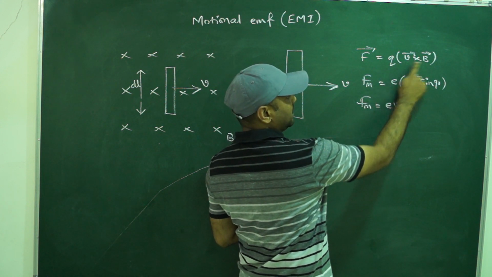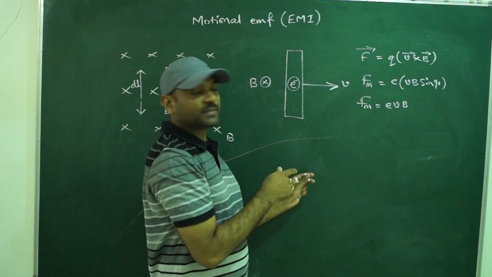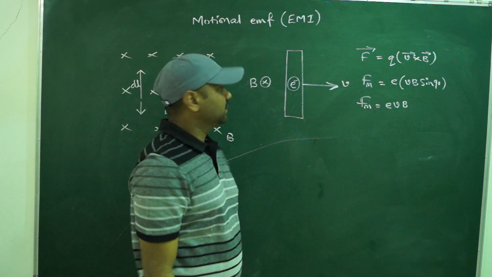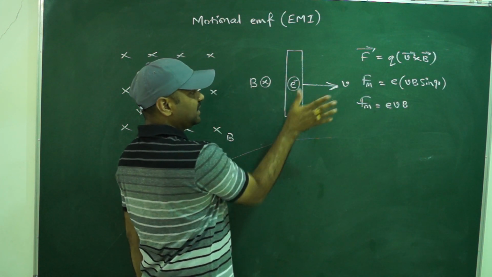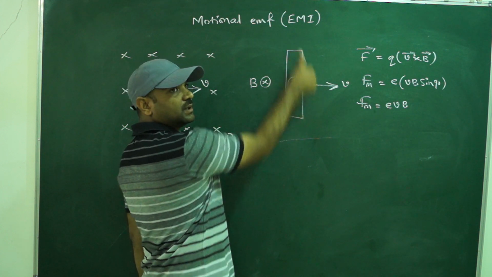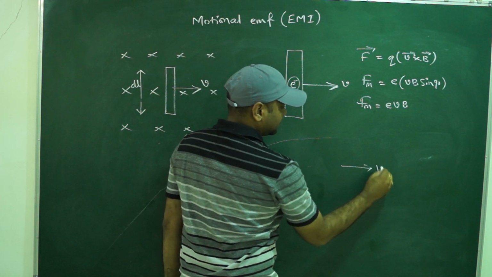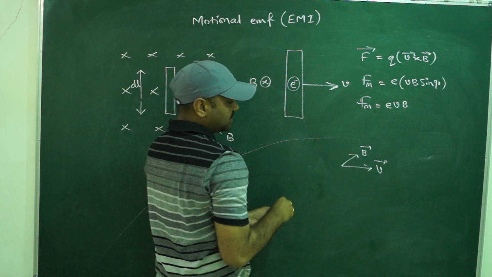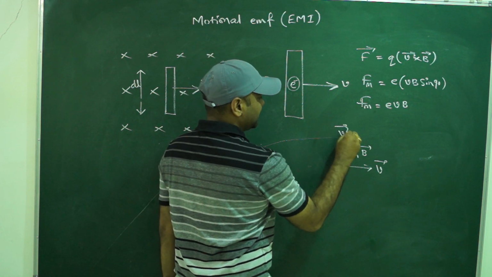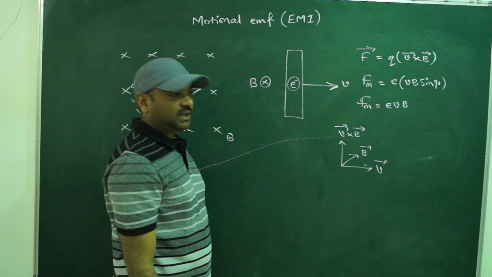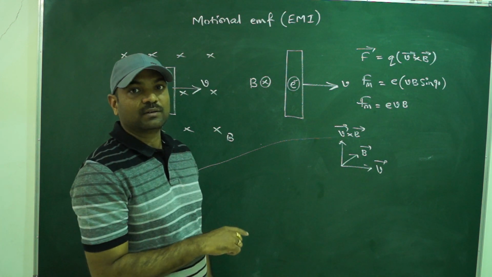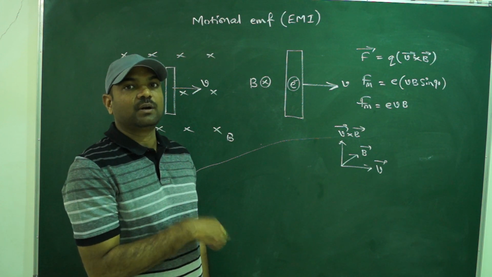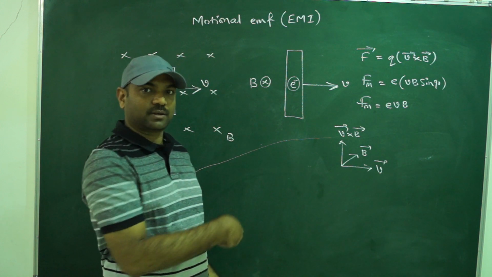If the charge is negative, the force is opposite to v bar cross B bar.